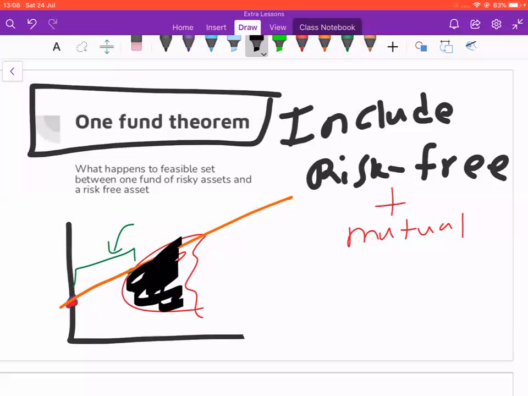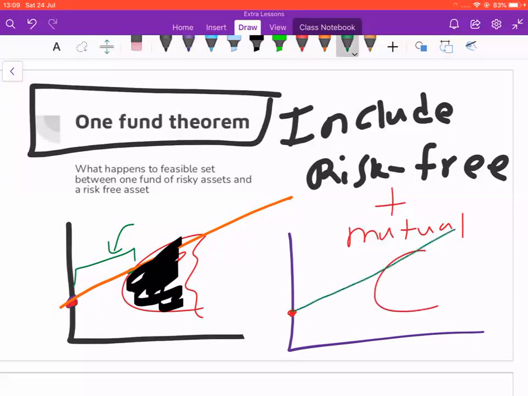In order to make it better, you can find a fund, which we're going to call your tangent portfolio, such that this line touches the risky feasible set at a tangent.